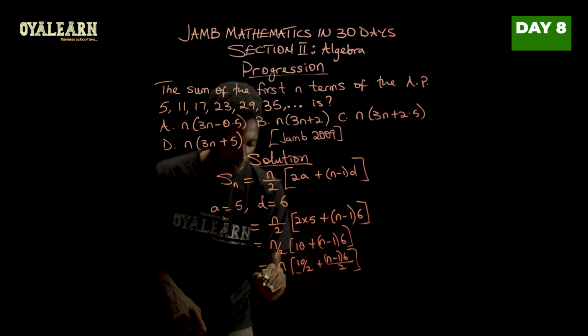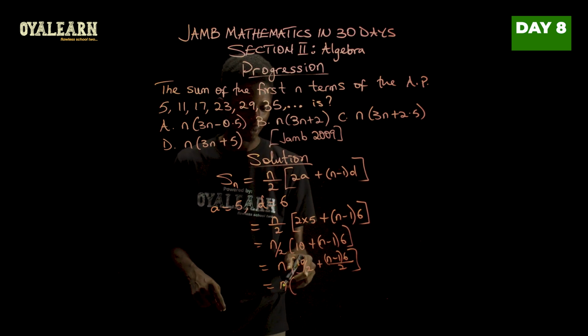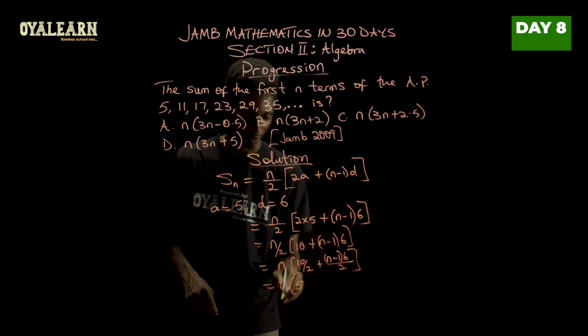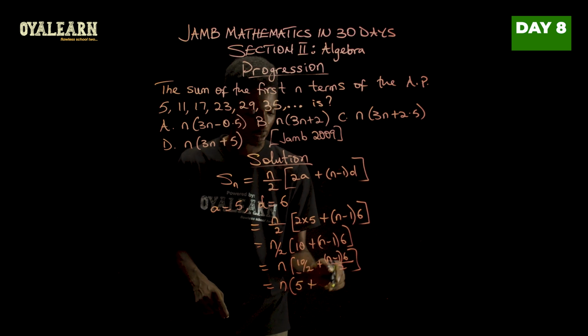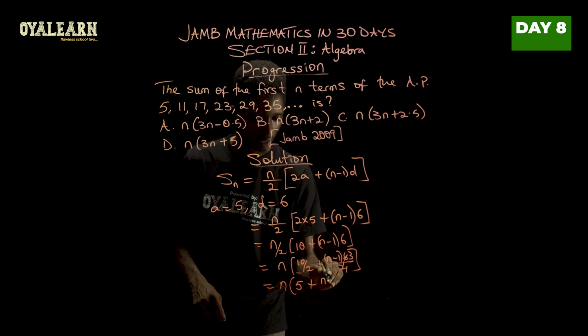Now, when we do this, we have n into, now 10 divided by 2 is 5, plus, now 2 here 1, 2 here 3, so we would have n minus 1 and then 3.